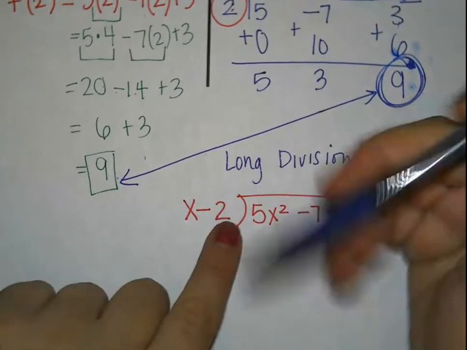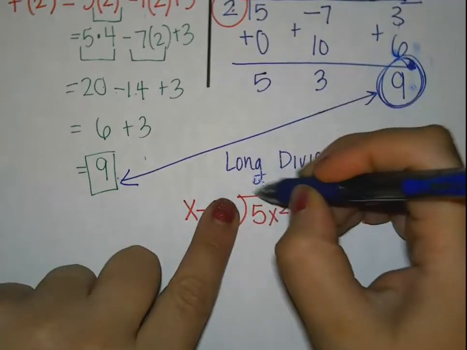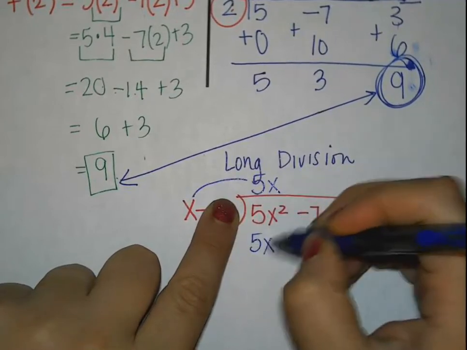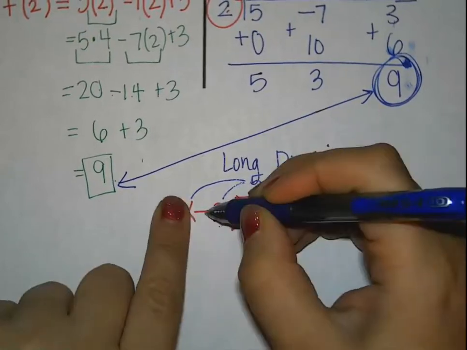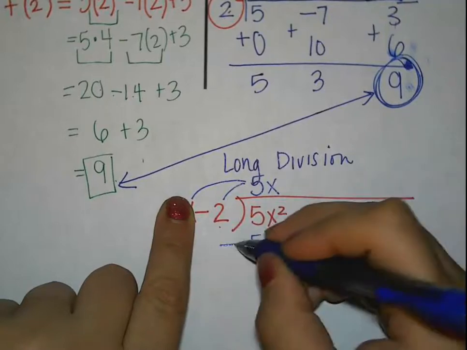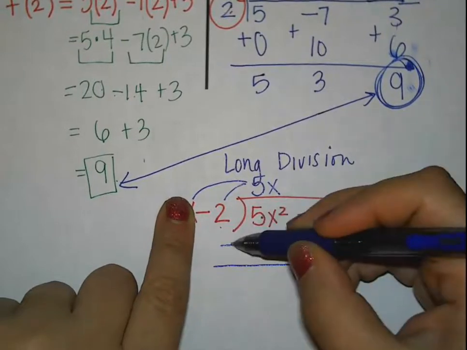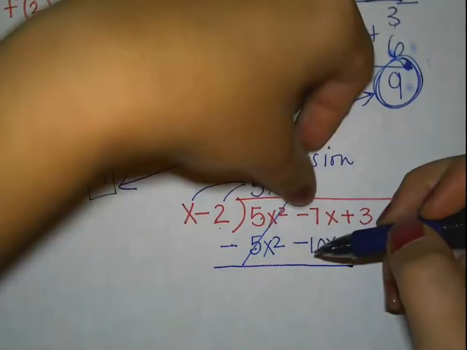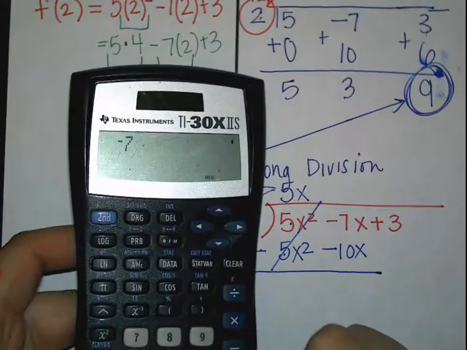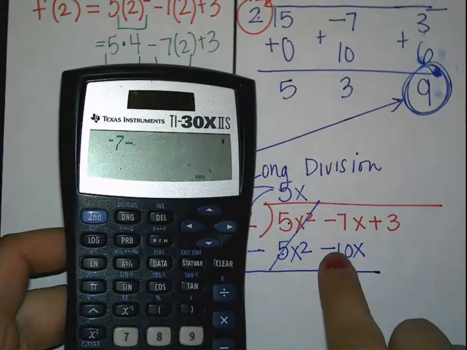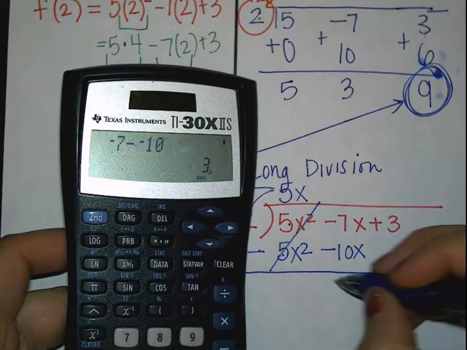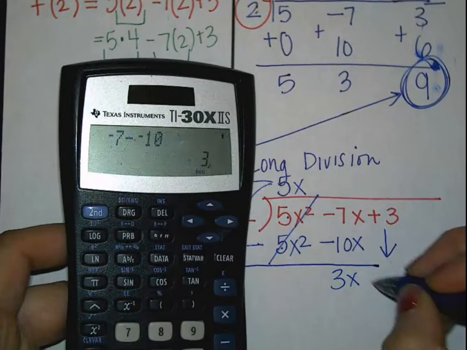Okay, then with long division, I would put a 5x up here because 5x times x makes 5x squared. And then 5x times negative 2 is negative 10x. And then we subtract. So 5 minus 5, that's 0. And then over here, this is negative 7 minus negative 10. And that makes 3x. Then we bring down the 3.